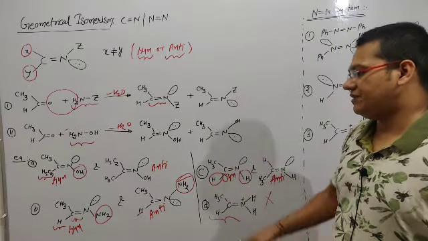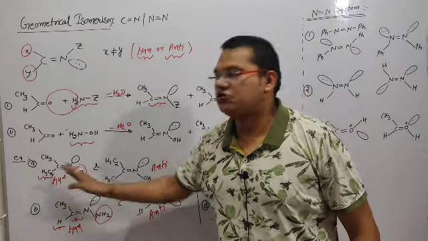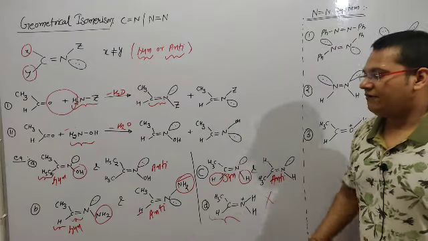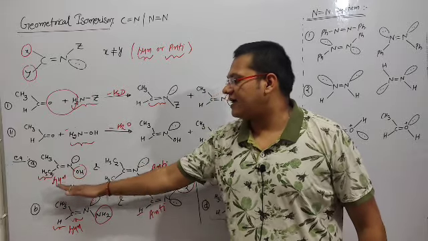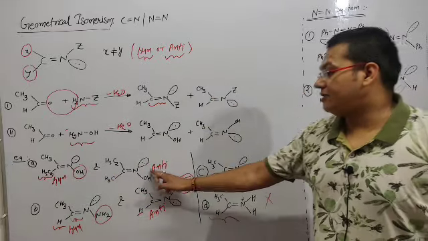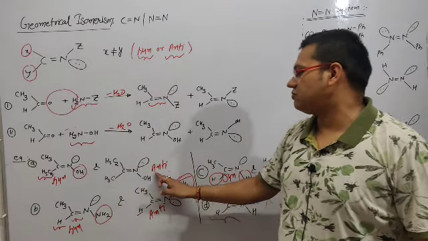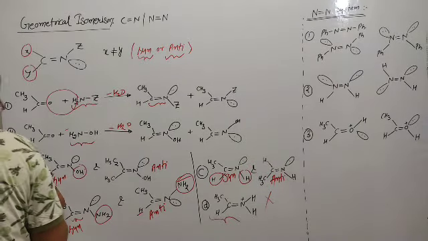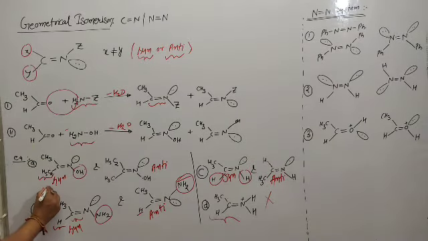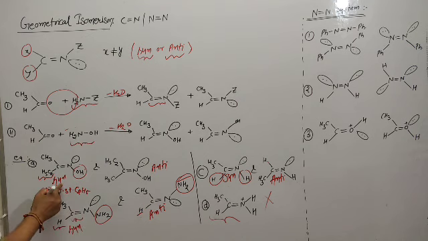All groups must be different. Here first you choose the group with respect to which you are saying syn or anti. With respect to this group, if another carbon group is on the same side, it is called syn. If with respect to this group, the ethyl group is different and in the anti position, it is called anti. So you are also saying here, with respect to ethyl, this is syn.